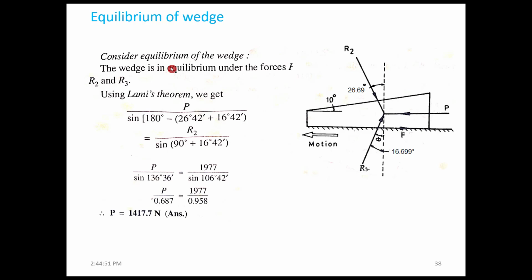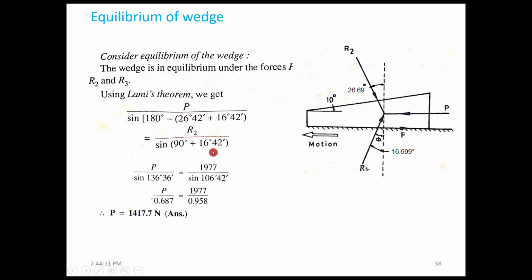By using Lami's theorem, we have P divided by this internal angle, that is 180 degrees minus 26 degrees 42 minutes and 16 degrees 42 minutes, will give you that R2 by this angle, sin(90 + 16 degrees 42 minutes).